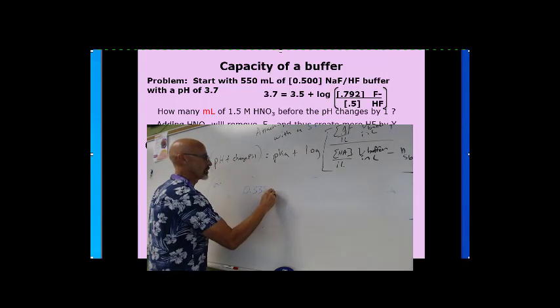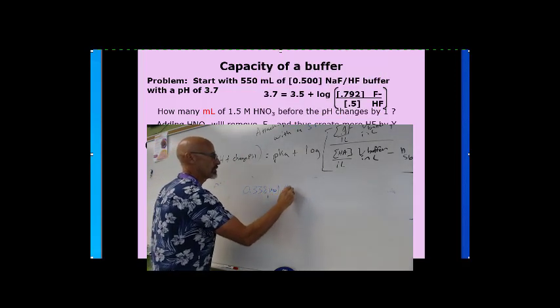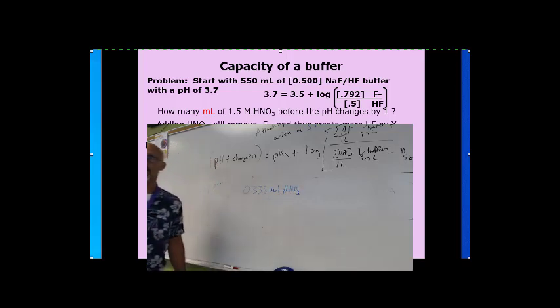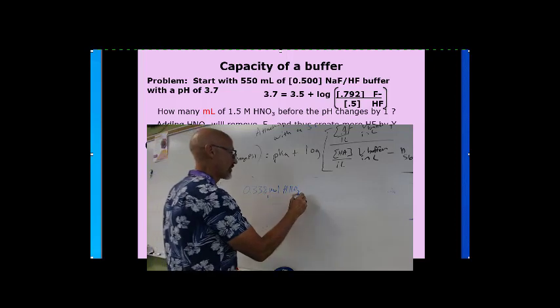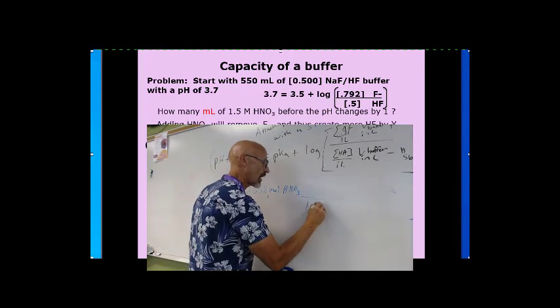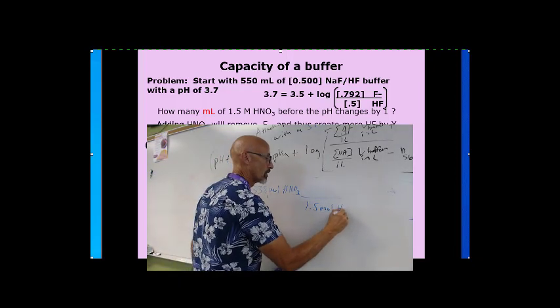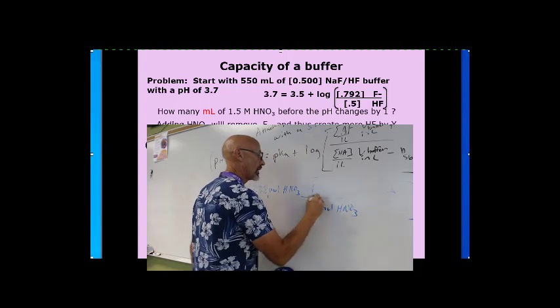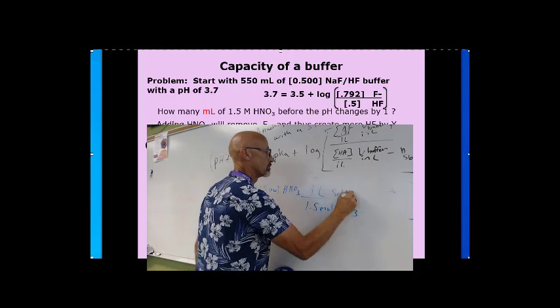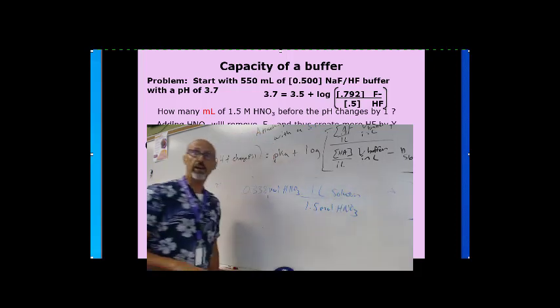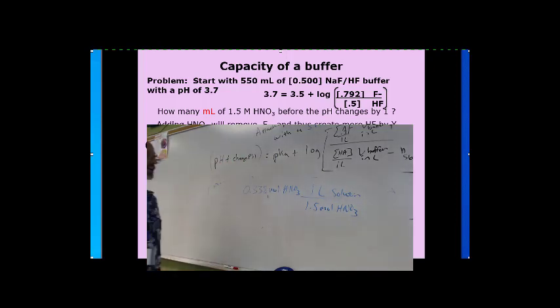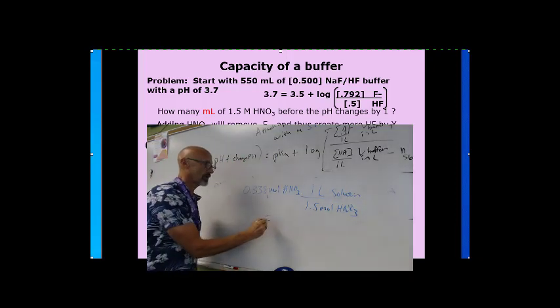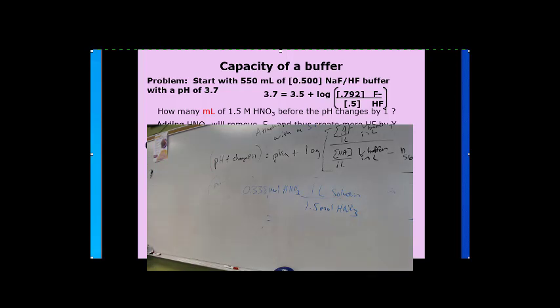.338 moles HNO3, right? And I'm going to use this like a conversion factor. Oh, it's 1.5 molar. That's 1.5 moles per 1 liter of solution. Correct? It's going to cancel, and it's going to give me the liters of solution I need to add.